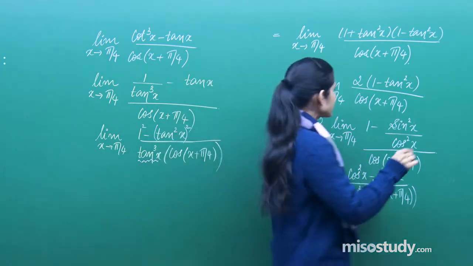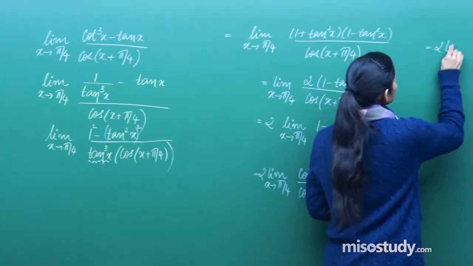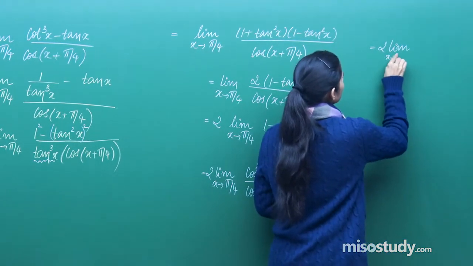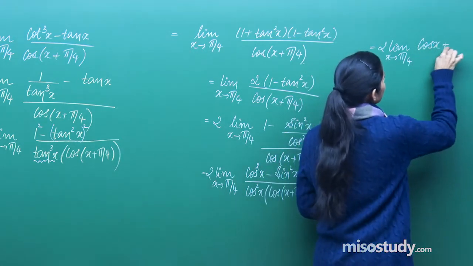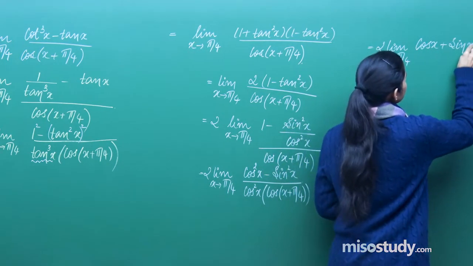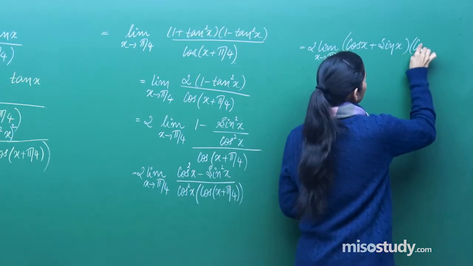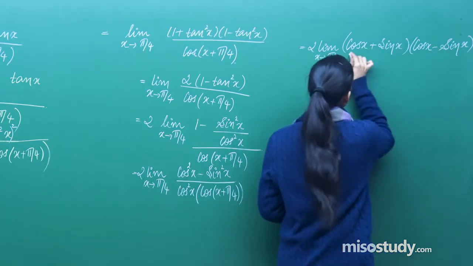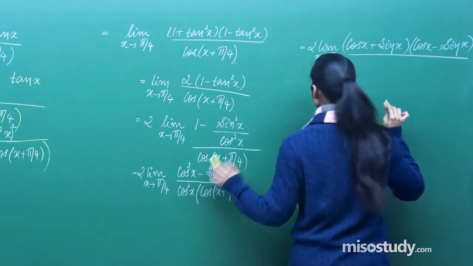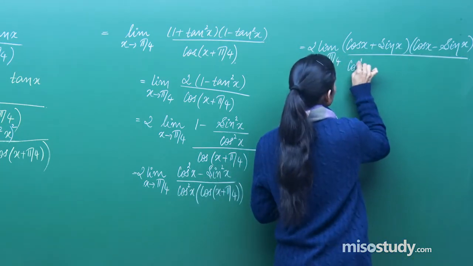Now cos square x minus sine square x obviously leads to a square minus b square, which is (a plus b) into (a minus b), whole upon cos square x, leaving it as it is.